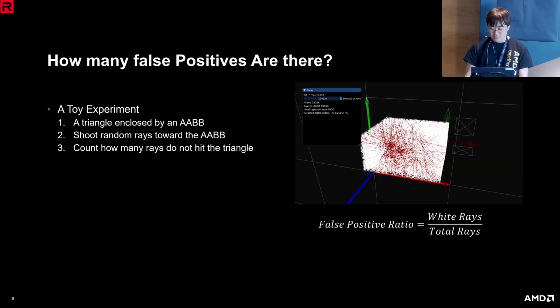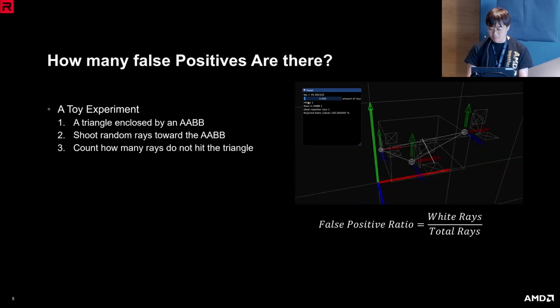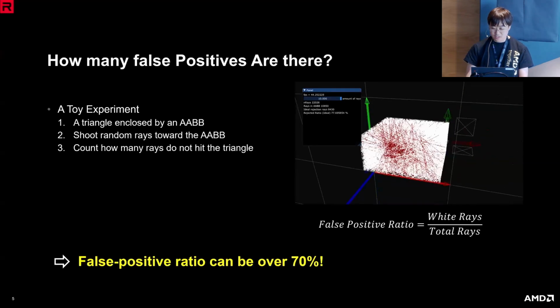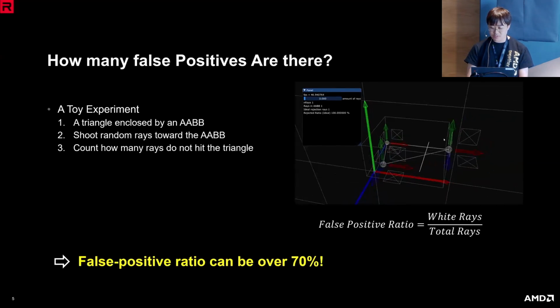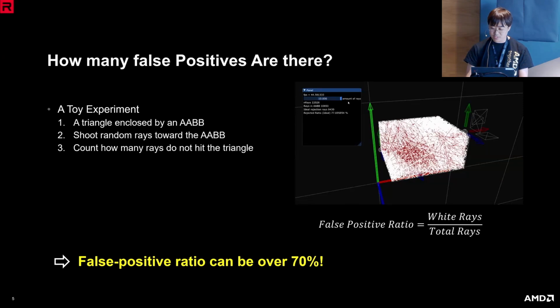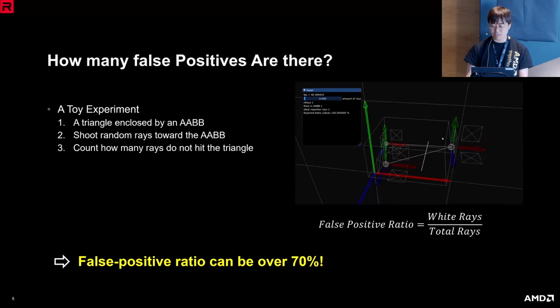In 3D, this is the rough visualization of what we did. Can you imagine how much it is? Actually, false positives can be over 70%. Of course, it depends on the triangle, but this is a bit surprising. There should be some possibility of better culling.